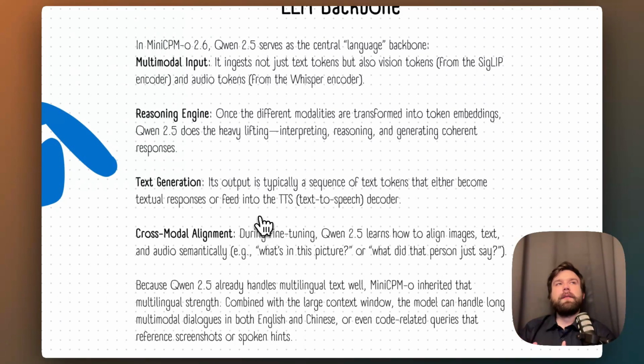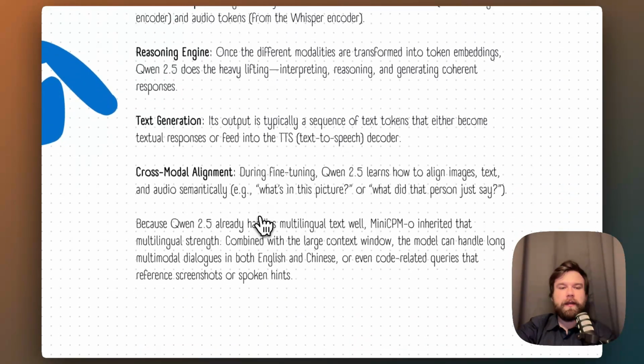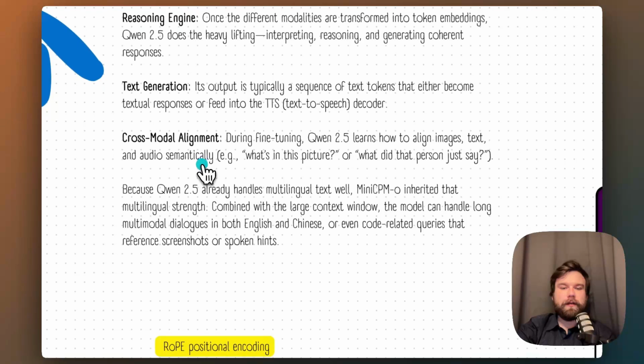So the LLM actually decides if it wants to respond in text or if it wants to respond in audio. And if it decides to respond in audio, it gives instructions on how to generate this audio to another component that we're gonna talk about in a bit. And we also have some notes about training that we're also gonna talk about in the last part.